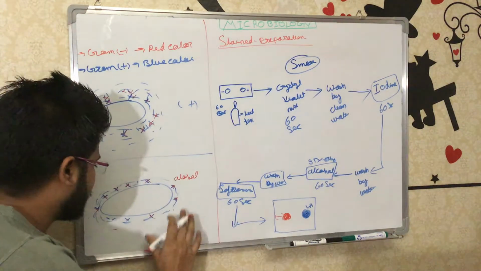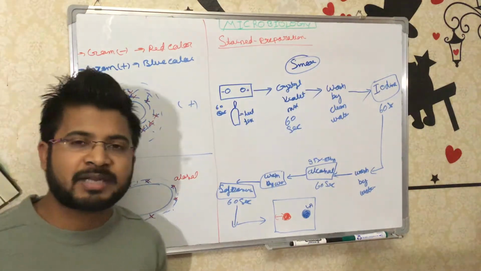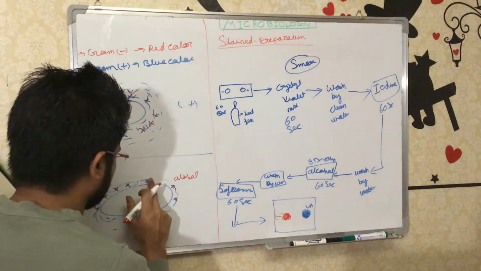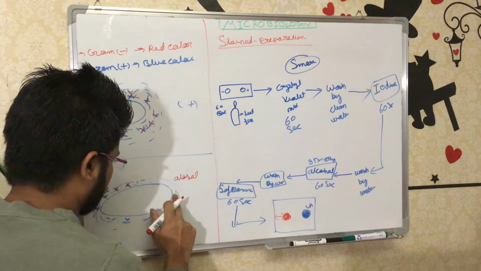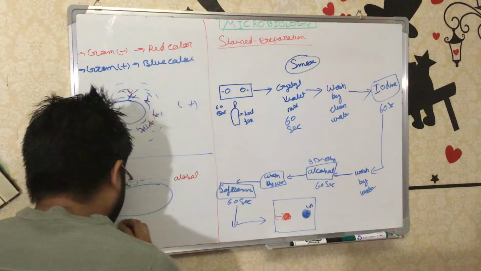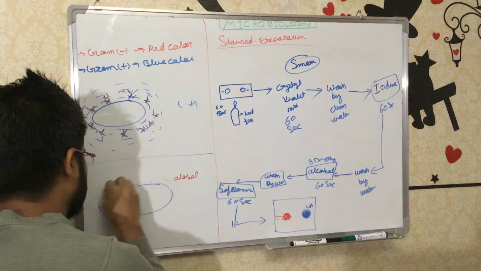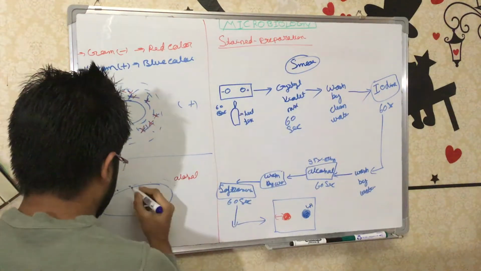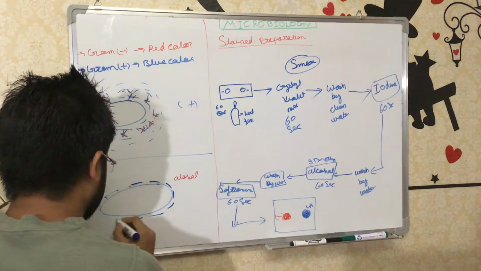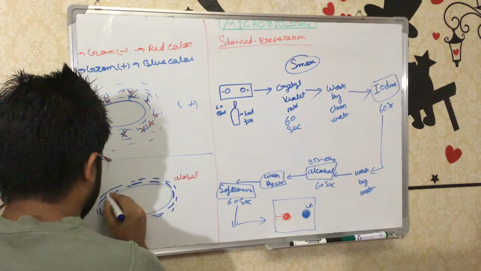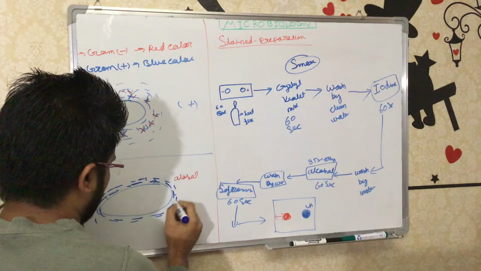Whenever it destroys the complex, the bacteria will discolor, meaning it doesn't have any color. Now the alcohol will do that, and now they don't have any crystal violet. The bacteria is discolored without any color, just in normal condition.